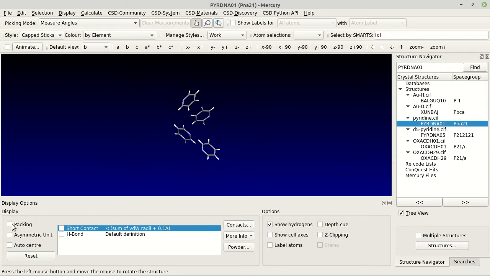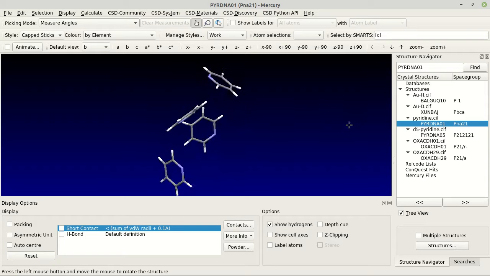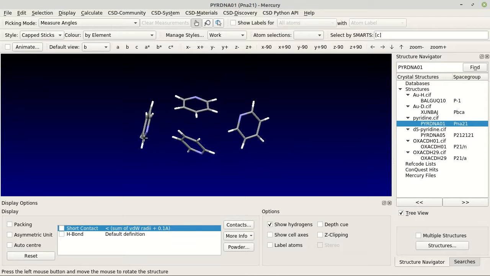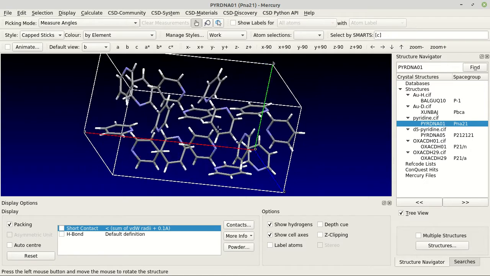Once again, you have 4 pyridine molecules. This is the smallest unit. When you take the symmetry of the space group, Pna2_1, you get a packing of about 16 molecules.